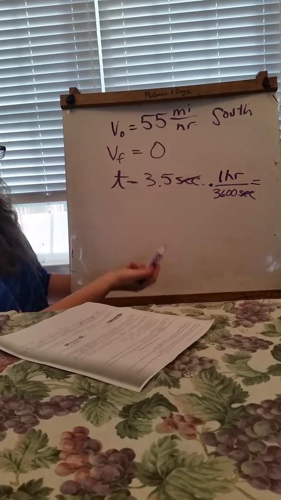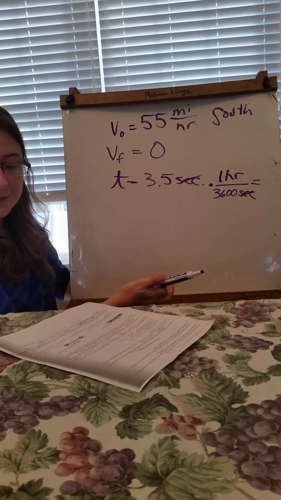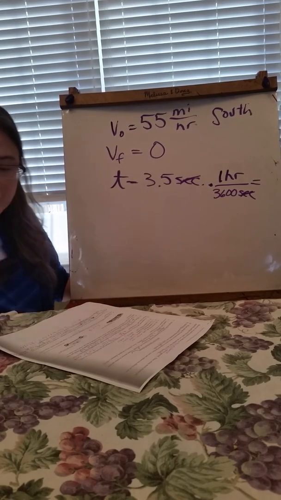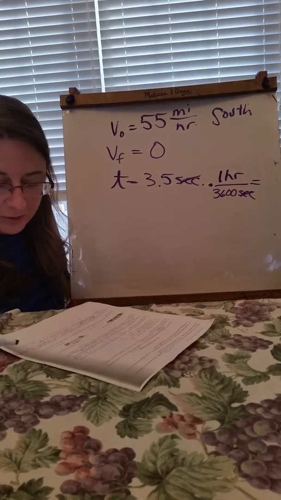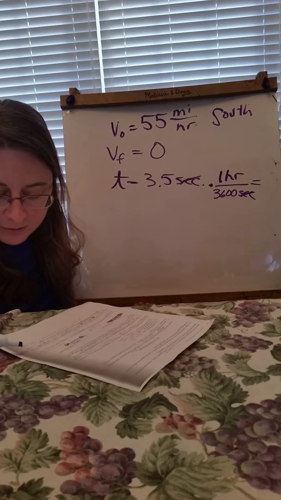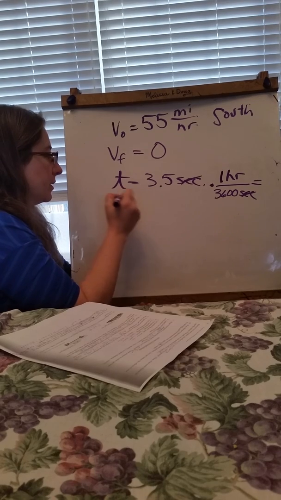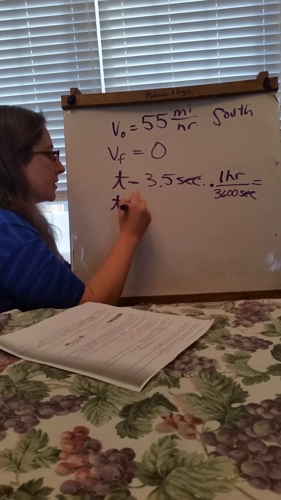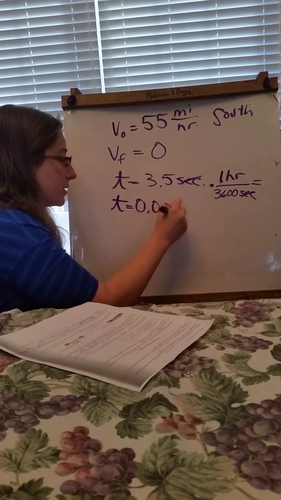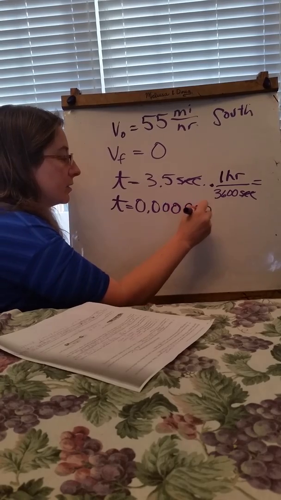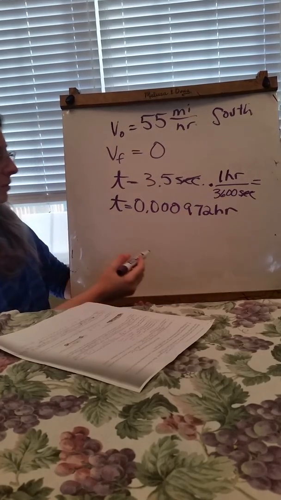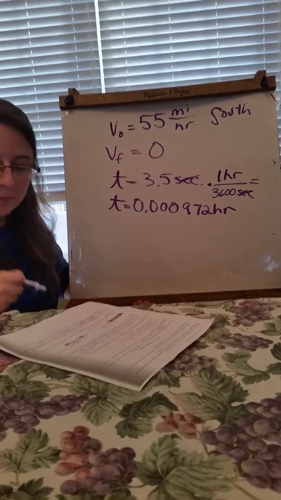So 3.5 divided by 3,600 seems like kind of a crazy number. And in fact, you can use your calculator, obviously, and I get 0.000972 hours. So really, time equals 0.000972 hours. Wow, that's a fun number.